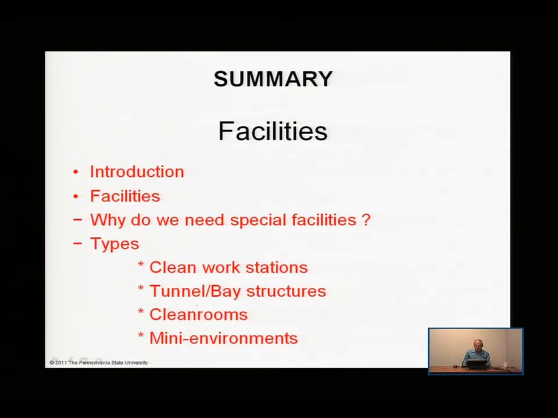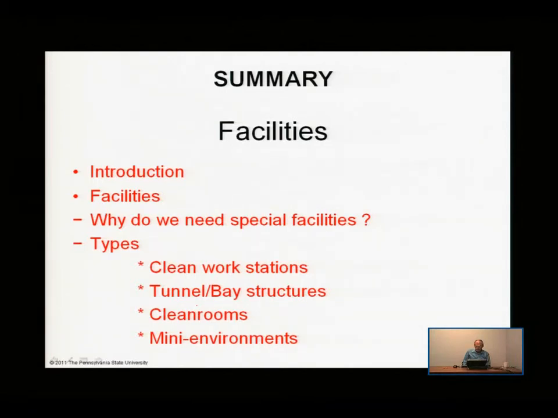We talked about clean workstations. These can vary from the simple chemical hood all the way to glove boxes, the different types of workstations. They can be complex in the sense that there could be inside a workstation a number of different pieces of equipment. A workstation may have a robot inside it moving things around to carry out the processing.